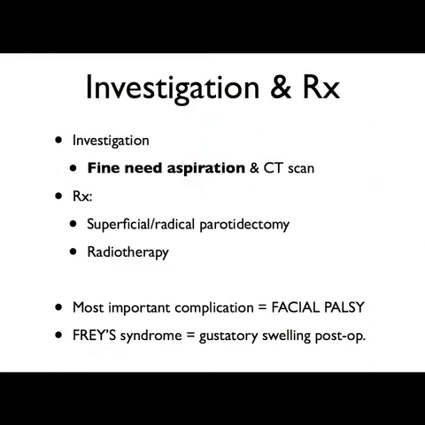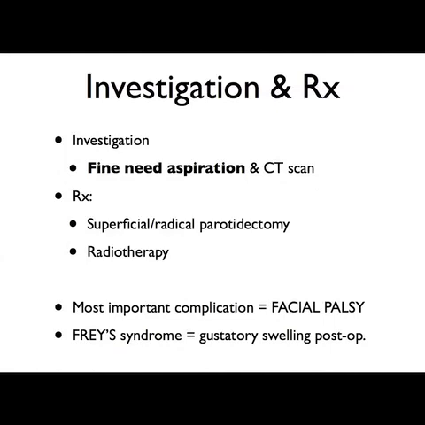So, investigations and treatment. We're not going to go through the surgical investigative sieve here, but obviously you'd want to do those kind of investigations as well. But the most important thing to do is to do a fine needle aspiration and possibly a CT scan for staging.